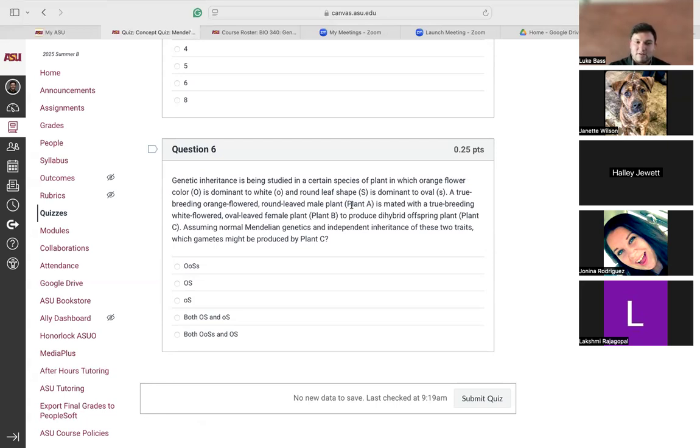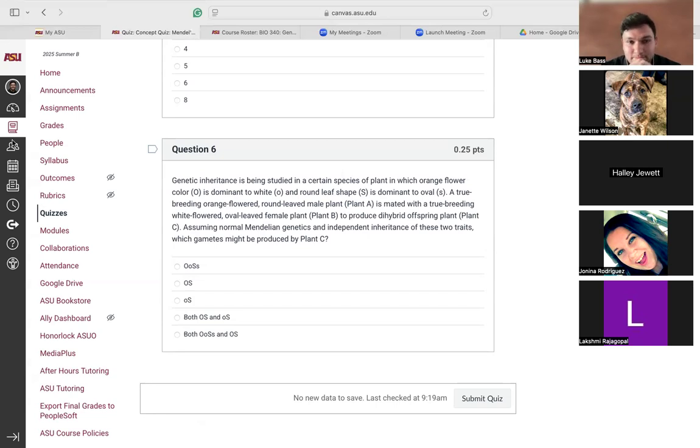Okay. So plant C is going to be heterozygous, right? Yes. So that's where my question is. I chose the first one, which is obviously not correct because I chose the actual genotype.